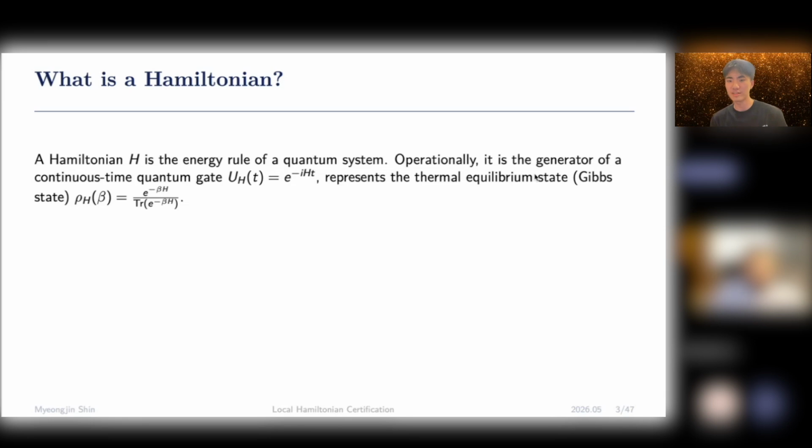Another setting is the thermal equilibrium state, which is also called the Gibbs state, which is represented like this. We are given identical copies of this Gibbs state, and we try to certify or learn the Hamiltonian H or the Gibbs state itself.